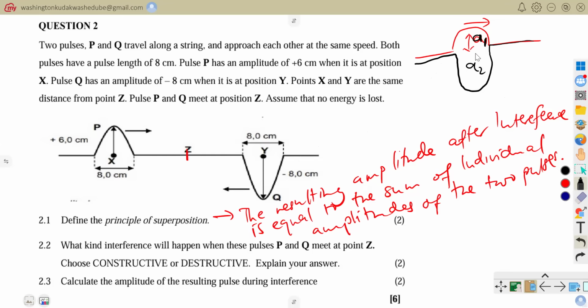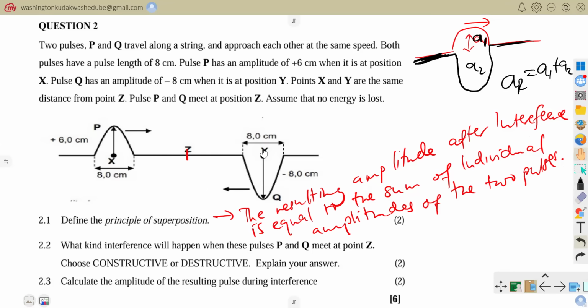So we are saying that the resultant amplitude would be the sum of A1 plus A2. So it becomes the vector sum of the two amplitudes. Vector sum means that you are also looking at the direction. Is it positive? Is it negative?